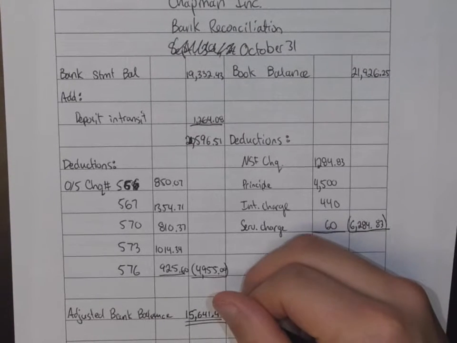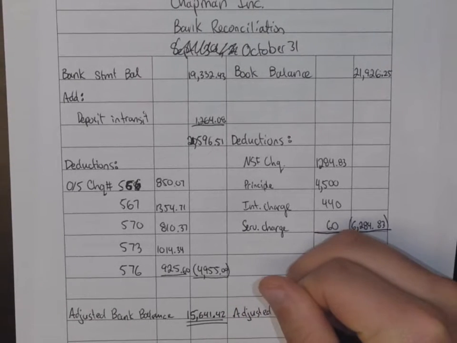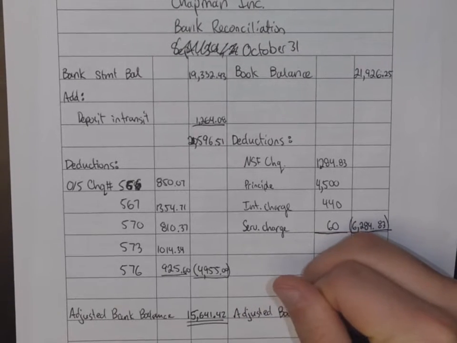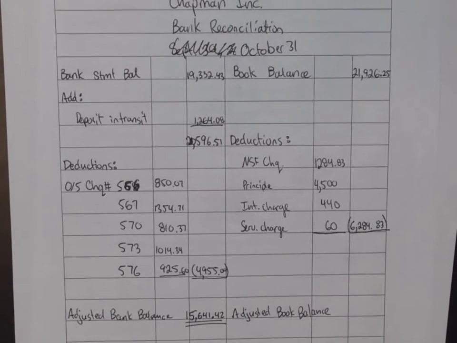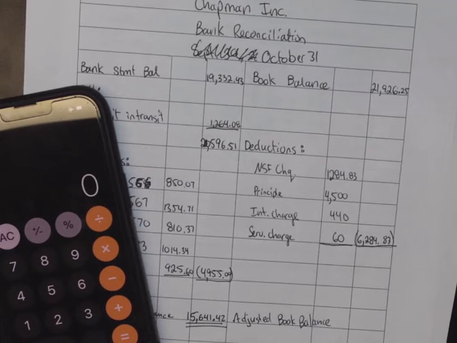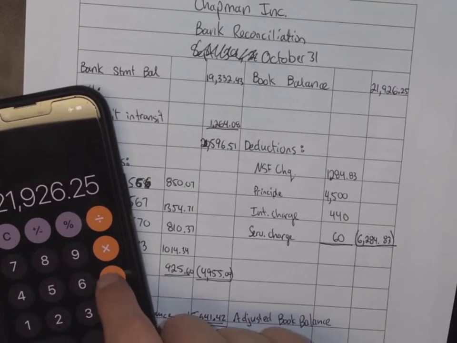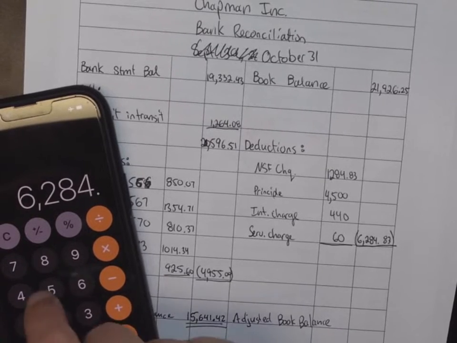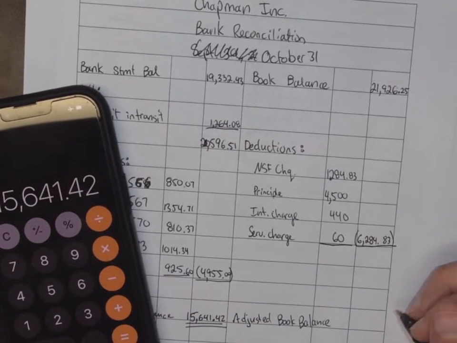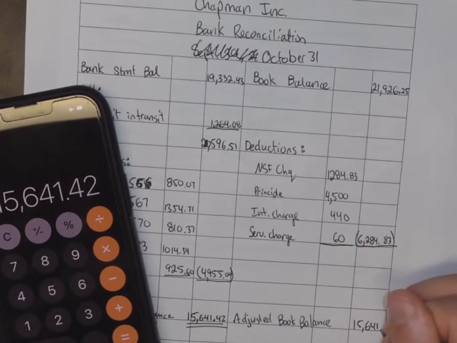I'll still do the math just to be certain, but adjusted book balance: $21,926.25 minus 6,284.83. It is the same. So that's how we know we've reconciled.